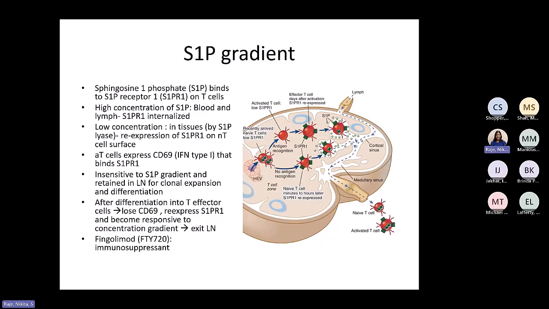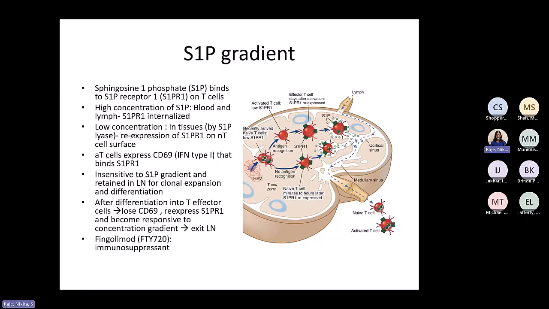So the T cells or any cell that has the S1P receptor will follow the scent of S1P. So the gradient is such that there is higher concentration of S1P in blood and lymph. So when there is excess of S1P, the receptor on the cells gets internalized. Because it's internalized, it continues to flow through the circulation.